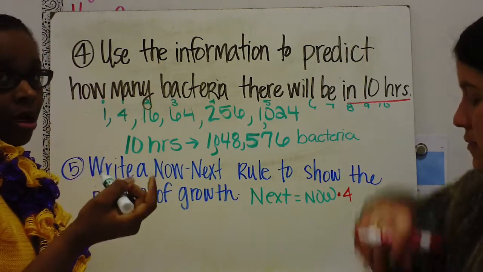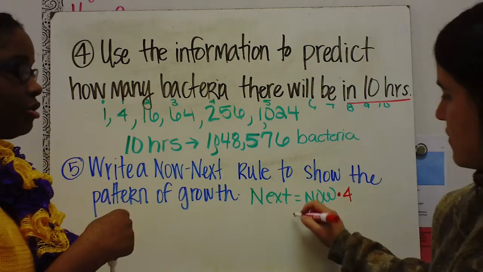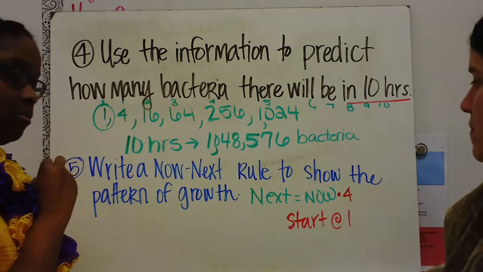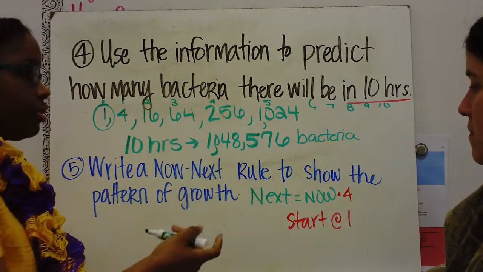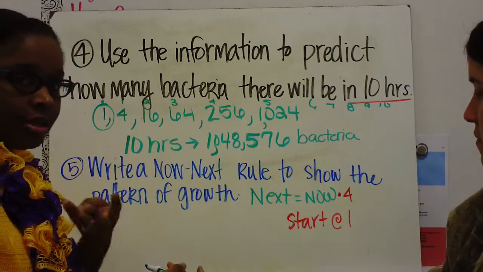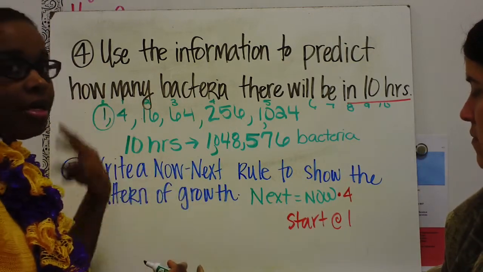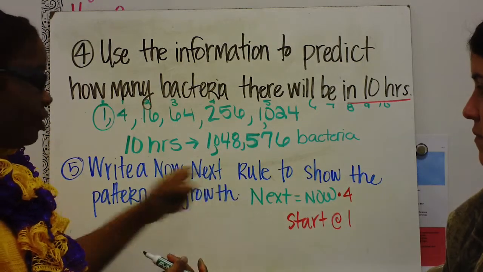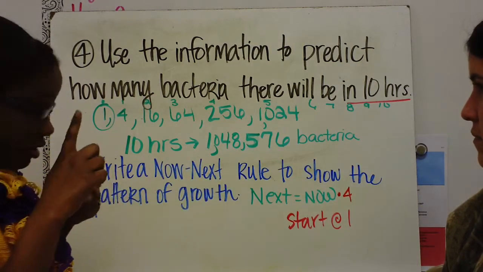And then you remember you always have to include your starting amount. So we started at 1. So this is your recursive function. Now you can only use this to find the previous function, like Ms. Cantler did in the calculator. You have to keep hitting enter till you get to the 10th term. So that's when we use now-next, and remember that's called recursive.